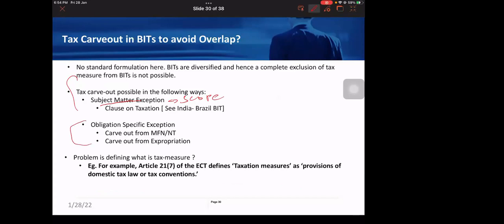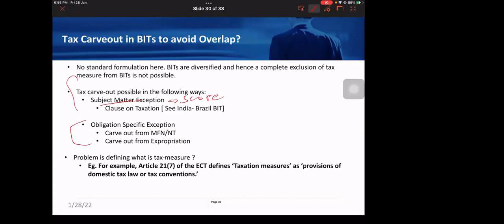Then obligation specific, I'll come to this. That is, tax excluded only for MFN treatment. Tax included, or carve out, for expropriation. So therefore, these are obligation specific exemptions. Now, the problem that is happening is the treaties are not consistent. Some treaties have, we'll look into some quick examples, but largely treaties have partial carve-outs.